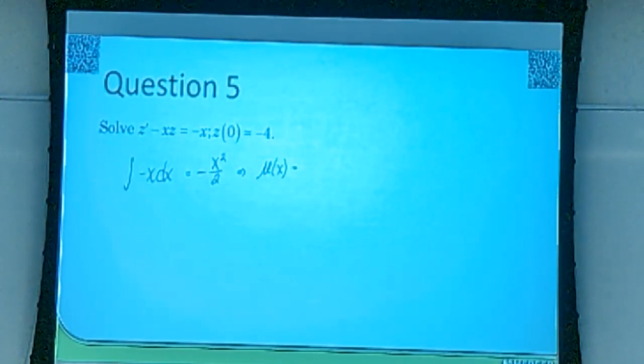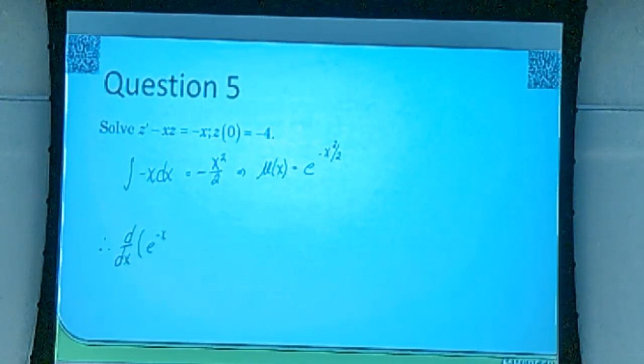Makes our integrating factor e to the negative x squared over 2. And if you multiply through, we get d dx of e to the negative x squared over 2 times z equals negative x e to the negative x squared over 2.